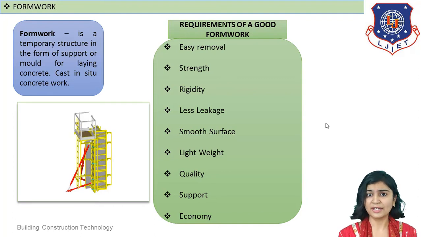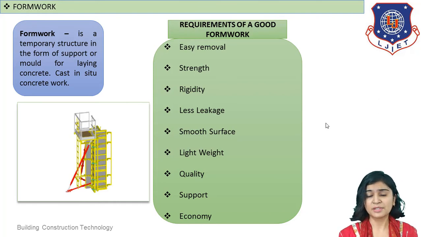There should be very little leakage or no leakage at all. Next, smooth surface. Generally, steel formwork provides a very smooth surface, because your concrete members have to be smooth. That is the requirement. If the formwork has a rough surface, then the concrete member will also gain a rough surface, which is not what is required.